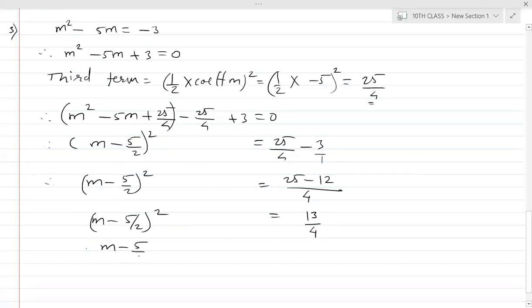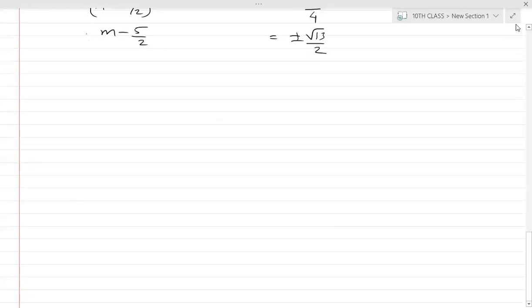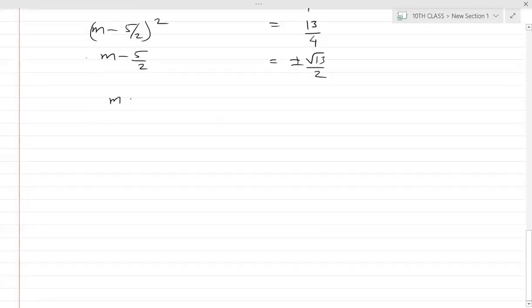The equation becomes m minus 5 by 2 equals plus minus root 13 by 2. So thus we are going to write m minus 5 by 2, here minus 5 by 2 becomes plus 5 by 2.